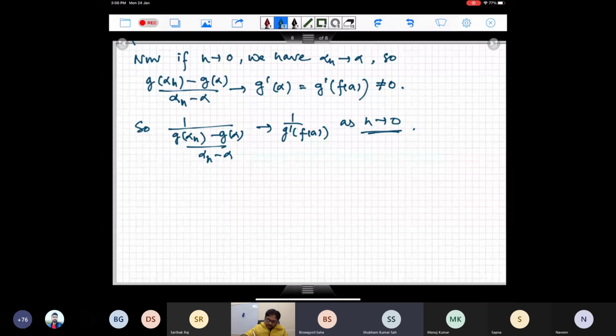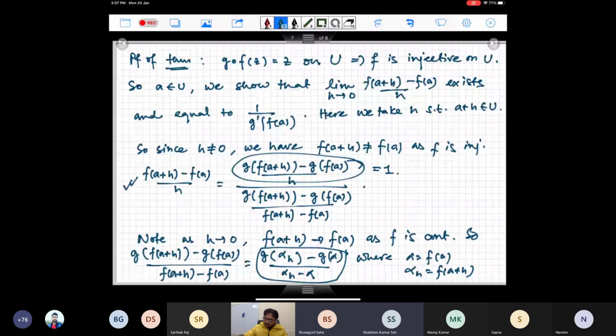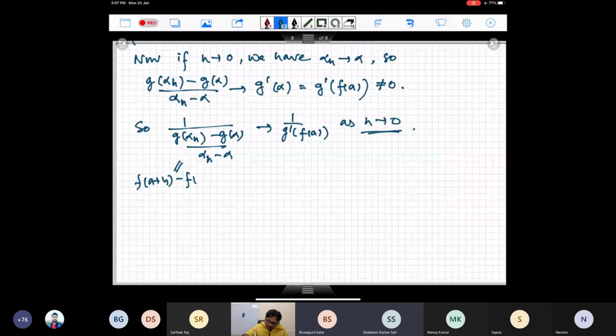And what is this reciprocal? This reciprocal we have just seen is nothing but (f of a plus h minus f of a) divided by h.